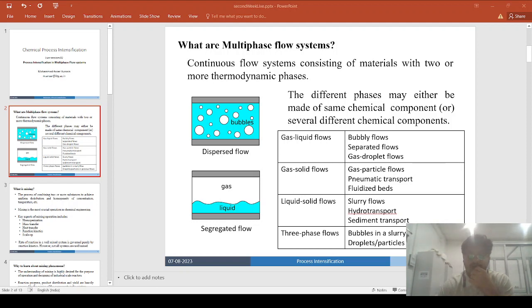But in the case of the liquid membrane, the liquid membrane offers transport rates several orders of magnitude higher than the solid membrane, because the diffusion is faster in liquids than in solids. So that is the reason why you can use the liquid membrane also for performing process intensification.